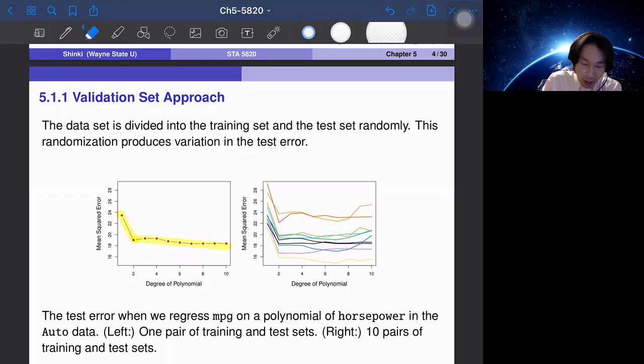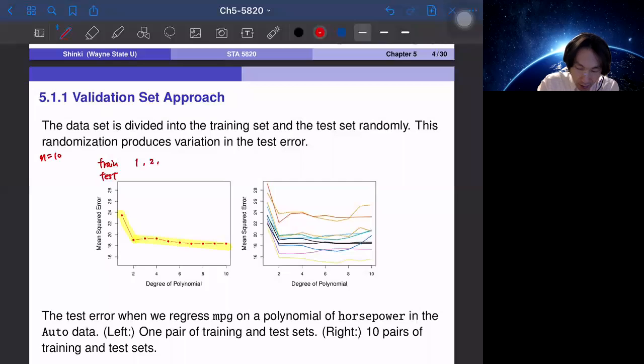Suppose n is equal to 10, and the training set is maybe the first observation, the second, third, up to maybe the 7th, and the test data set maybe half and half, 6 to 10.